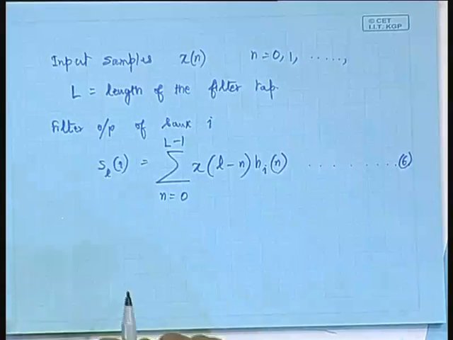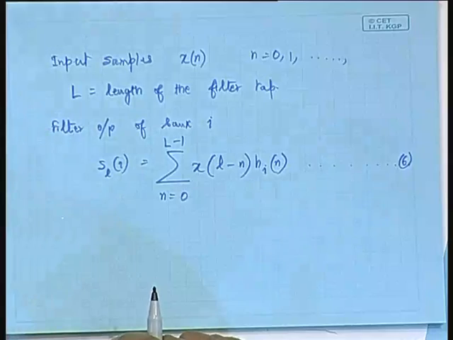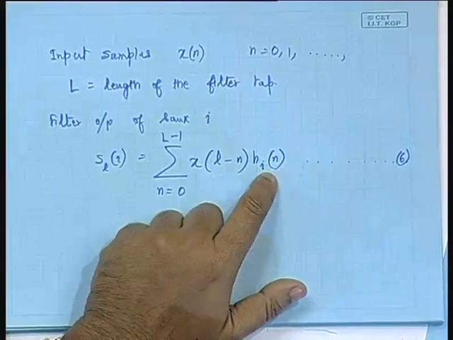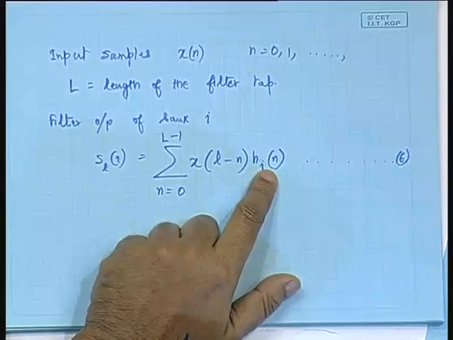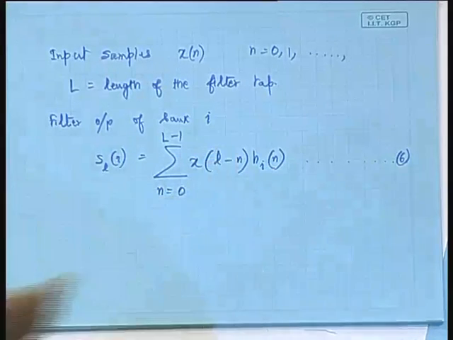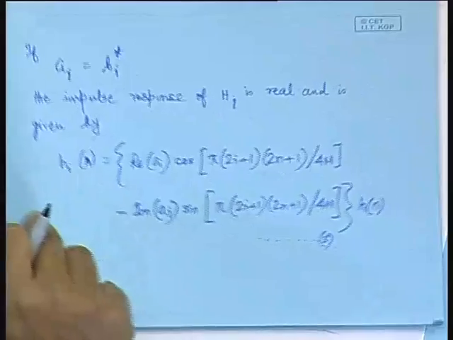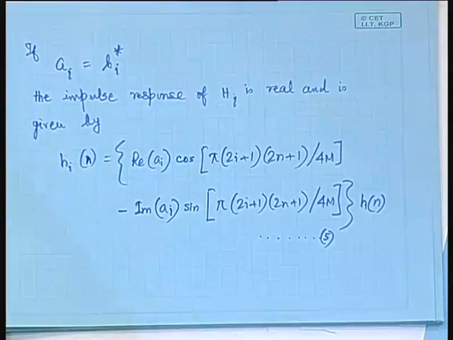That is to say, the filter output obtained as a convolution of the ith band pass filter's impulse response and the input samples.